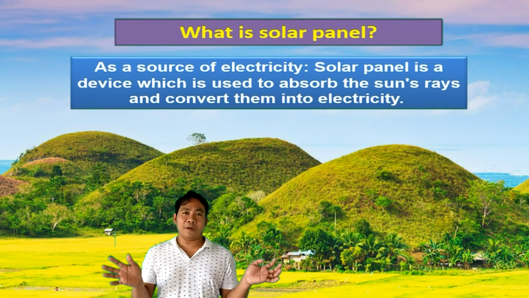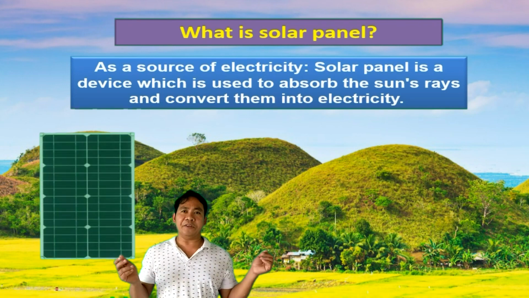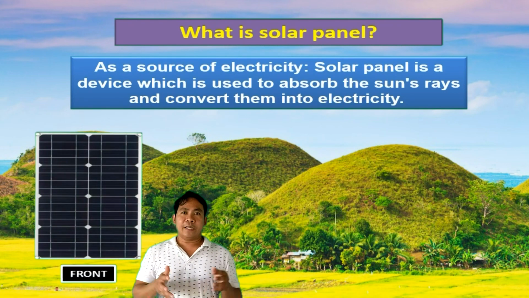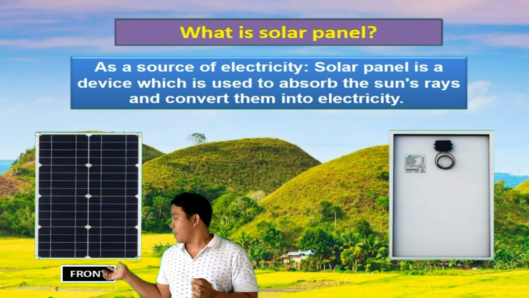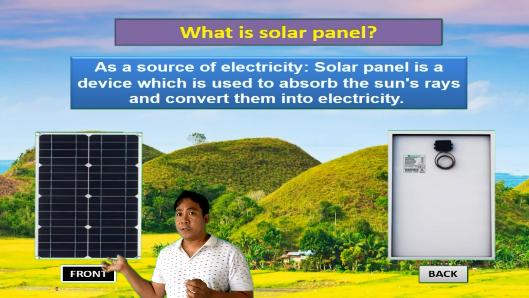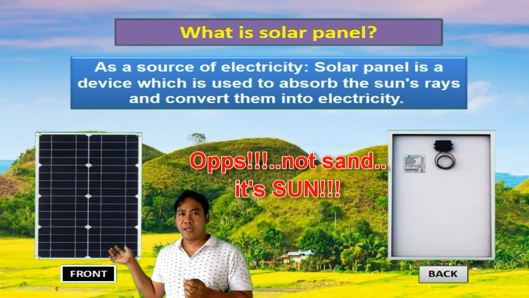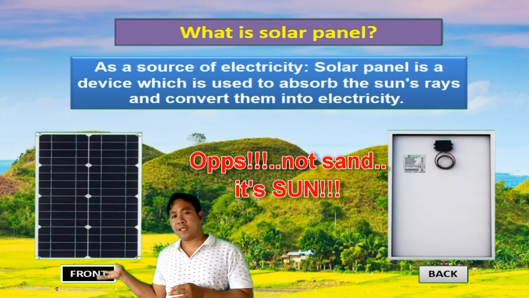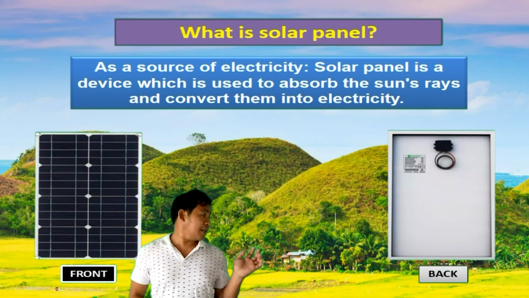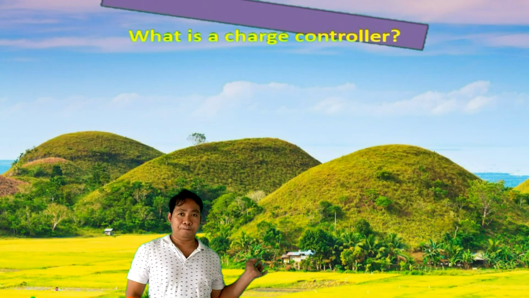There are many types of solar panel, but the source of electricity, a solar panel, is a device which is used to absorb the sun's rays and convert them to electricity. So we have the front side, and we have also the back side of our solar panel.